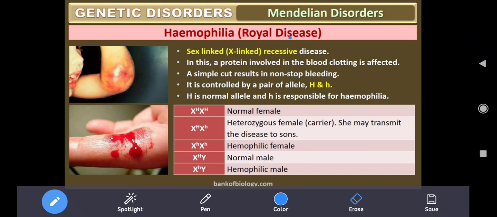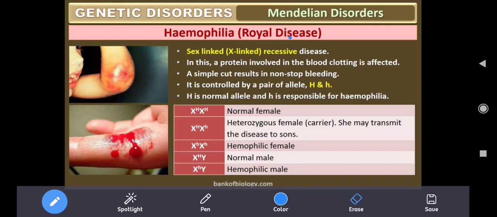Some disorders can be seen in the X chromosomes also. So if any disorder is seen in the X chromosome, it is called an X-linked disorder, and also a sex-linked disorder, because X is seen only in the sex chromosomes.